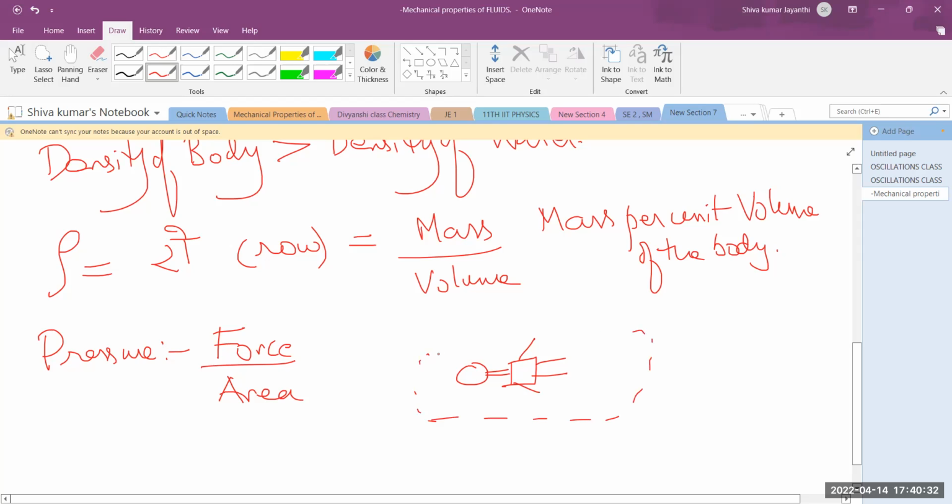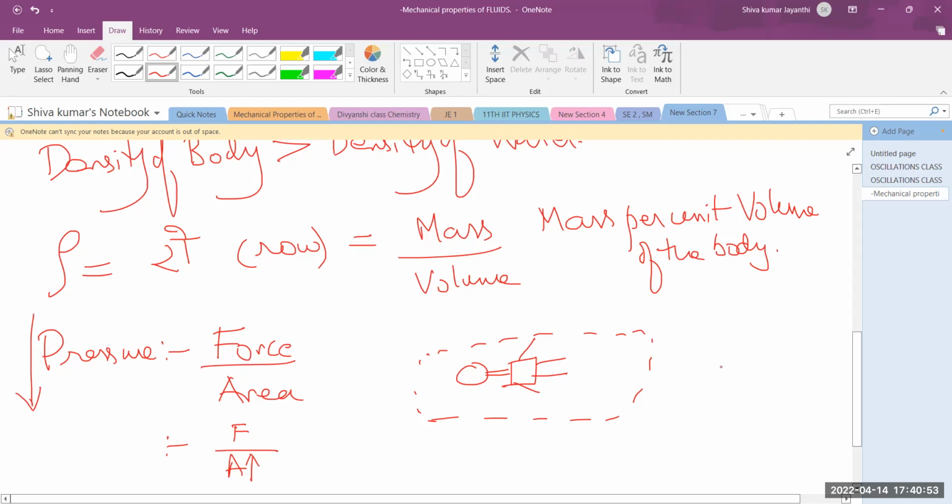Area increases, is it or not? Effective area increases. So then what happens? Yes, pressure will be less. Because force per area, as the denominator increases, pressure decreases. That's why these yoga babas spread their body.